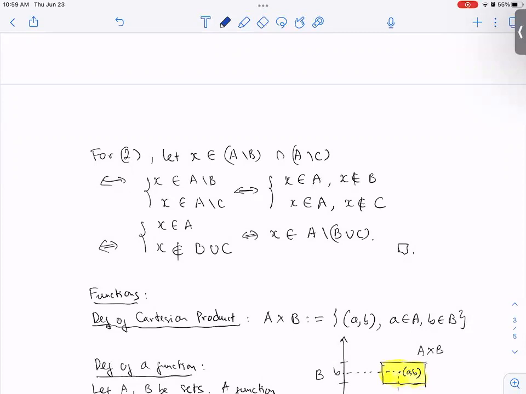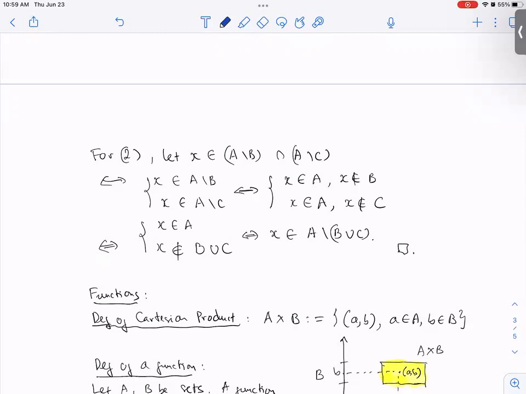So in order to prove something, you must interpret what it means, and then you go step by step to deduce the next statement after next statement. And eventually, by using this interpretation and logical reasoning, you are going to arrive at the desired statement. So that is the idea of a proof.